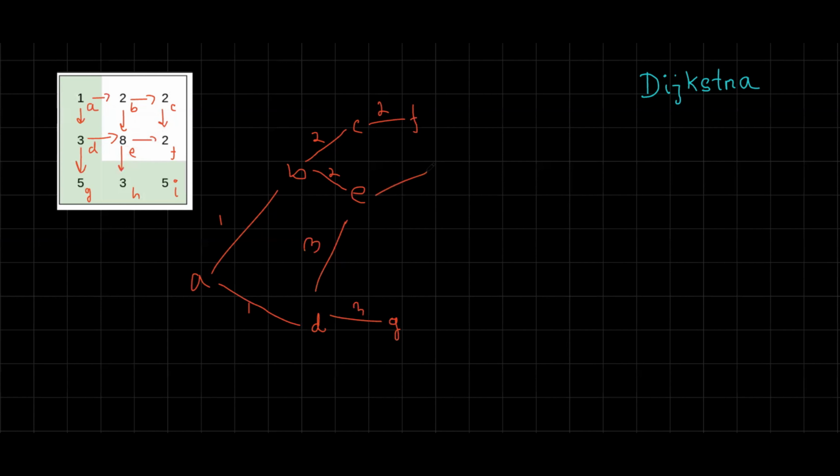So from this E, we can reach F by using cost 8, and we can reach H by using the cost 8. Now from this 5, we can reach 3, so we can reach G to H by using the cost 5.